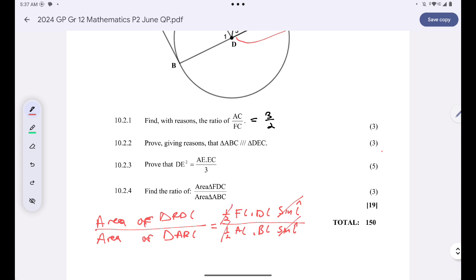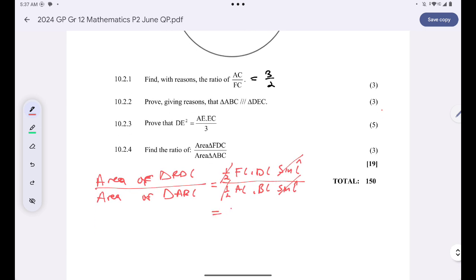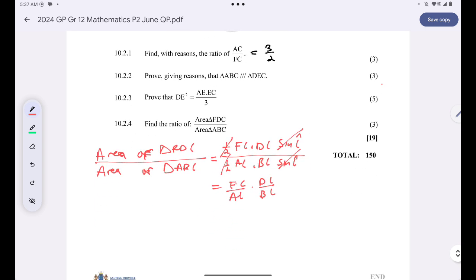This will cancel this one. And then we are left with FC over AC multiplied by DC over BC, right? Please remember that we found this guy to be 3 over 2. Are we together?